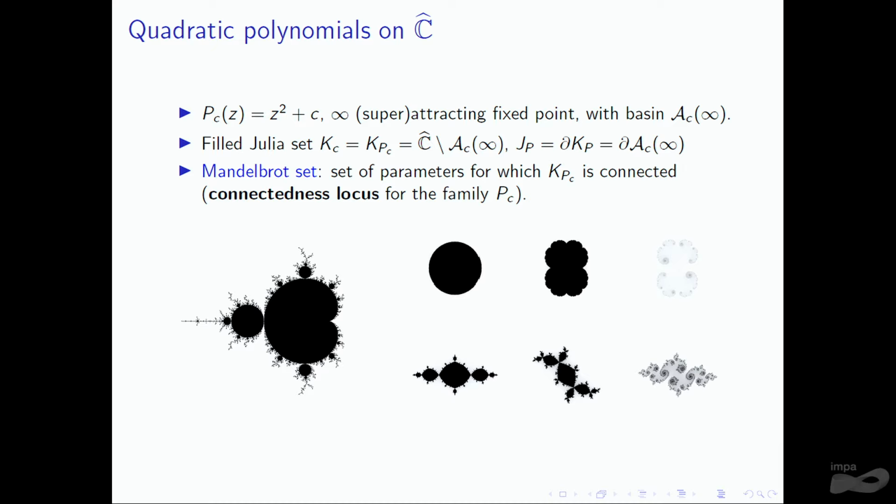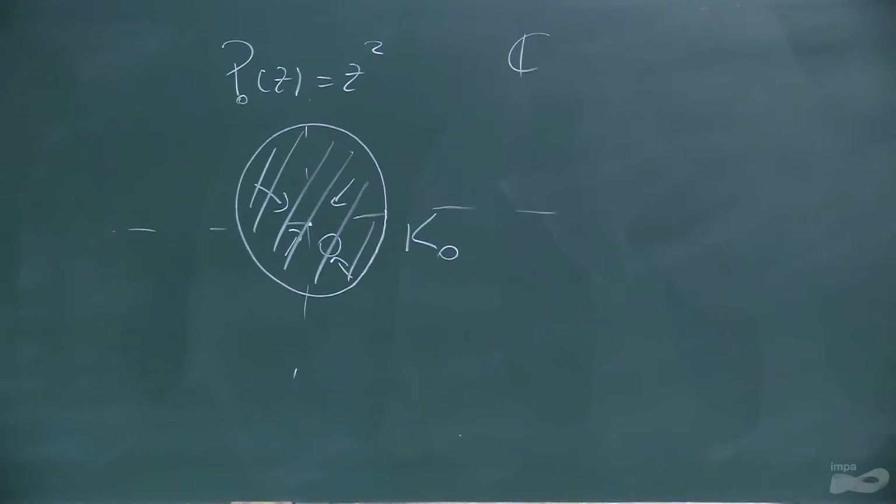For each parameter c, we have a dynamical system associated, which is ζ² + c. c equals 0, the parameter associated to this guy, lives here. c equal 1/4, the one associated to this guy, lives here. In the next slide, I will explain this set a bit better.